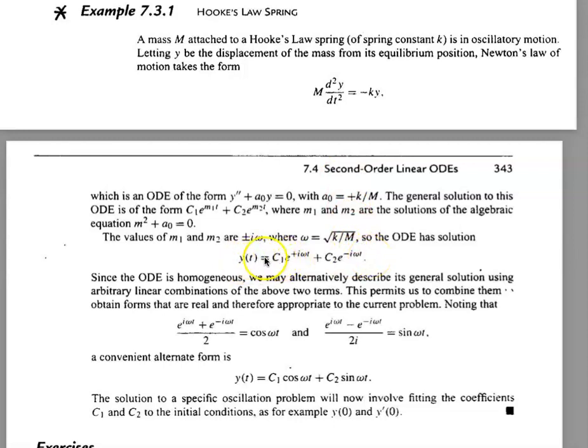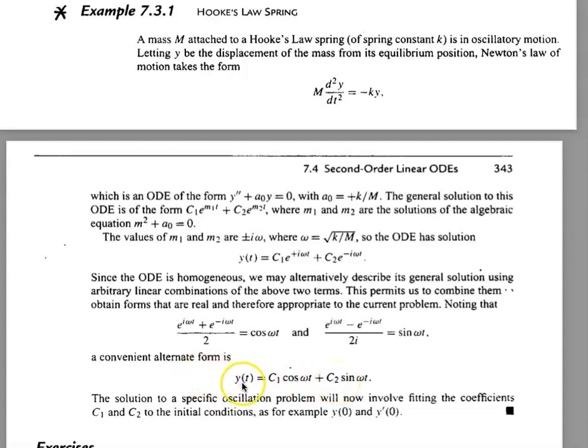So right here, if I wanted to verify that this is indeed a solution, or here, both of these are the same, they're just written differently. Here they're written in e to the i omega t, or e to the negative i omega t, and here it's written in terms of sines and cosines.